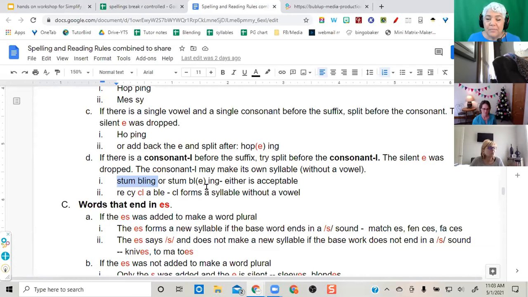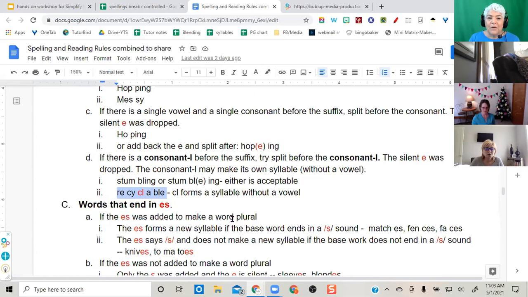The point is, will they be able to read the word? Vowel suffix, the ing, I see a consonant L in front of it, they will probably stay together because it was a consonant LE syllable. Stumbling or stumbling. But check out this word here. Everyone says it with an extra syllable there for the CL.